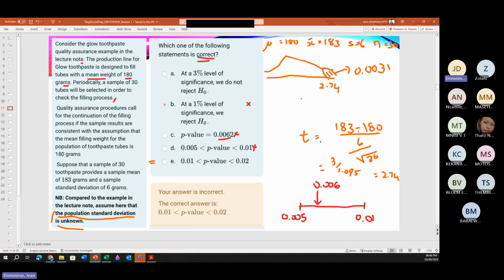How do we get to that? So let me quickly, they don't tell us. So if that is for T, that's fine. Degrees of freedom 29. So they don't tell us.